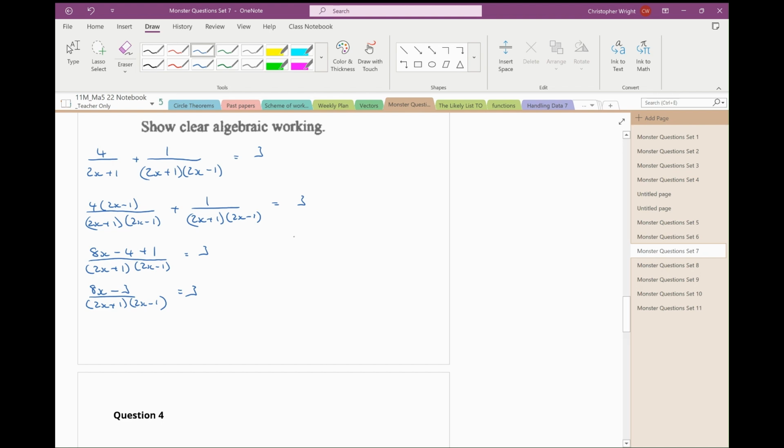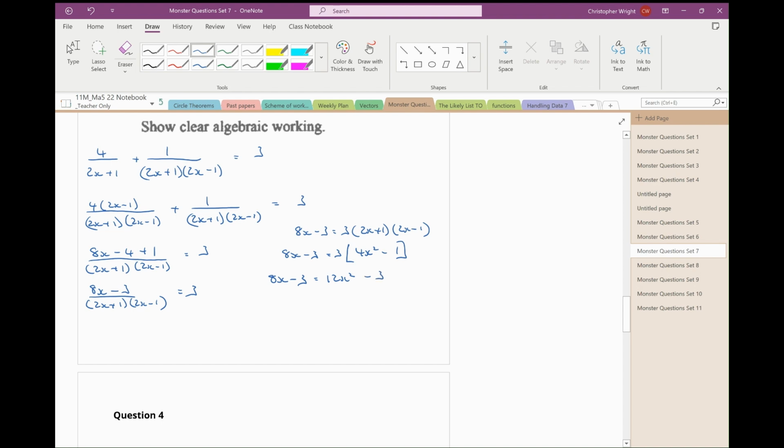So I'm going to have 8x minus 3 equals 3 lots of 2x plus 1, lots of 2x minus 1. Which is going to give me 8x minus 3 equals 3 lots of 4x squared minus 1, which is going to give me 8x minus 3 equals 12x squared minus 3.